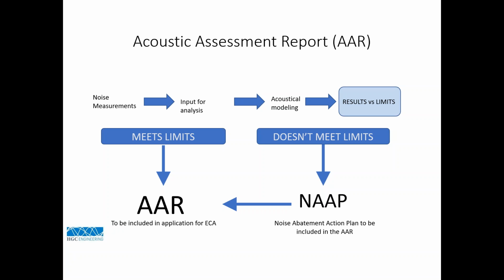Now the challenge appears for those sites that are found to exceed the limit, and this is where you have to take another step before, in fact, completing the actual AAR that is going to then be submitted in the application, and that is you have to complete this noise abatement action plan.